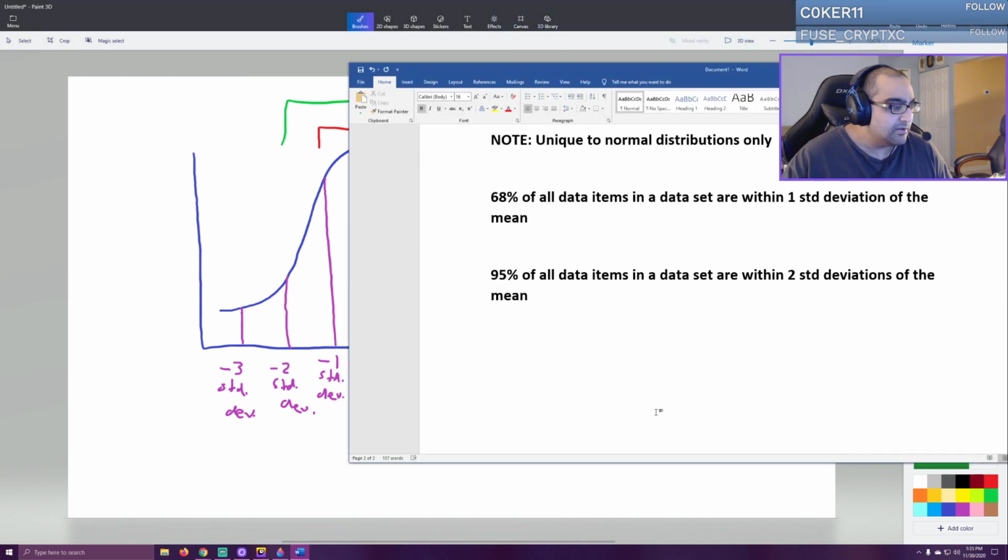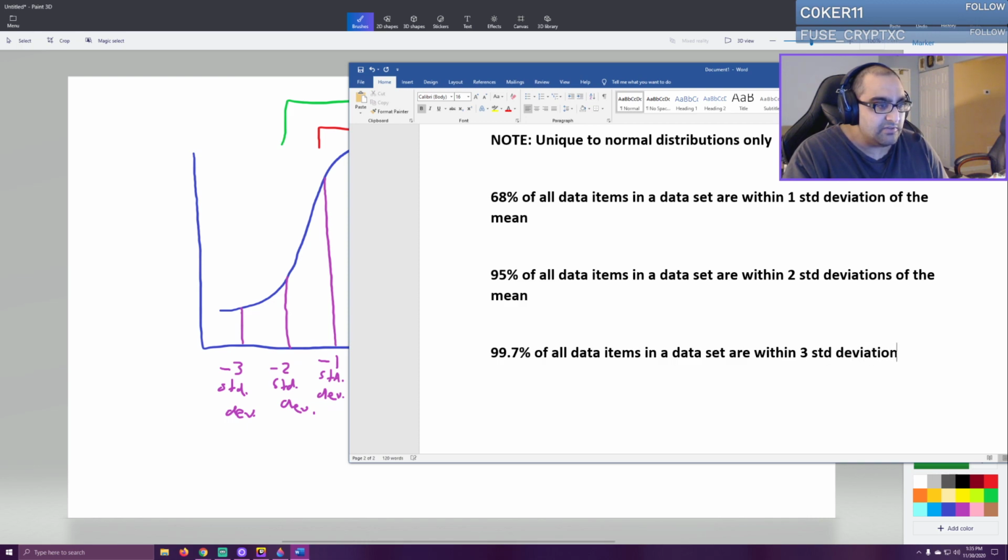Finally, let's talk about 99.7%. 99.7% of all data items in a data set are within 3 standard deviations of the mean.